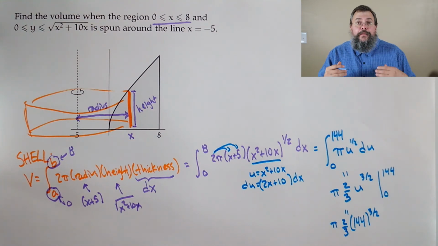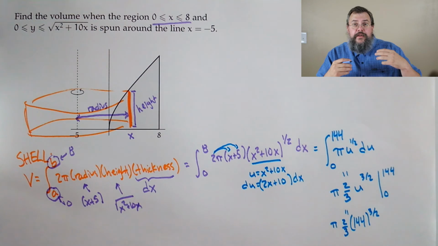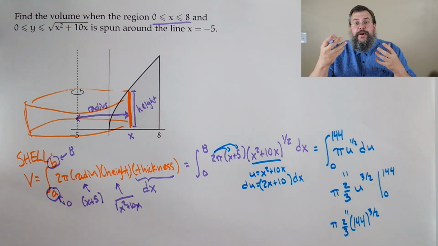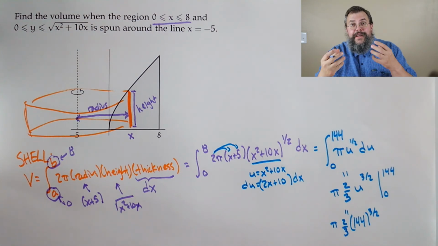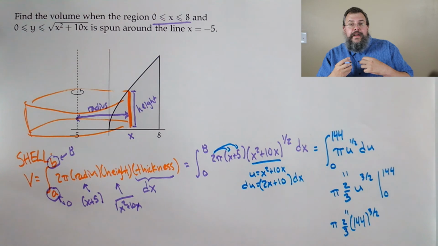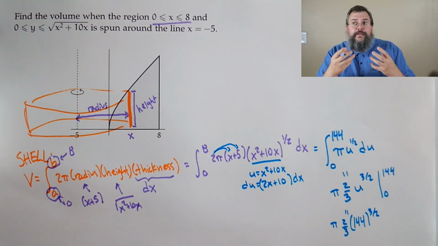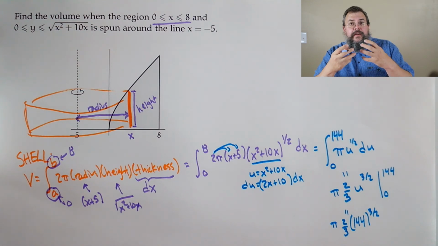Now, let's think about 144 to the 3/2. There's really two things going on. I'm going to cube it, and then I'm going to square root it. Or maybe I can square root it and then cube it. Now, oftentimes it's easier to go small and then big. So 144, is that a nice number? In other words, is it a square? When I take a square, do I get something nice?